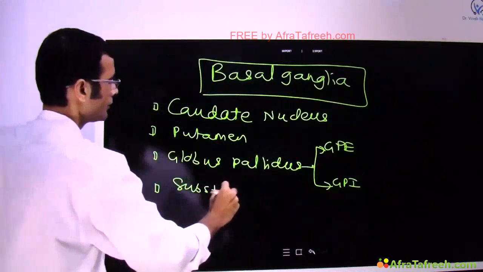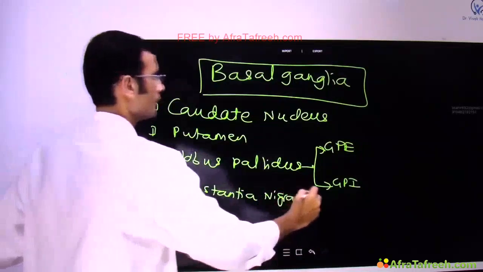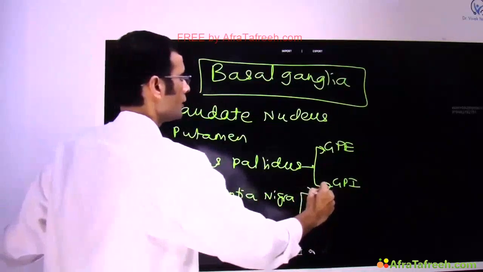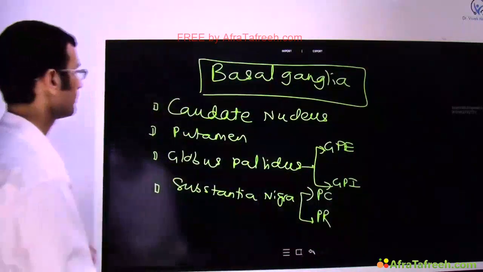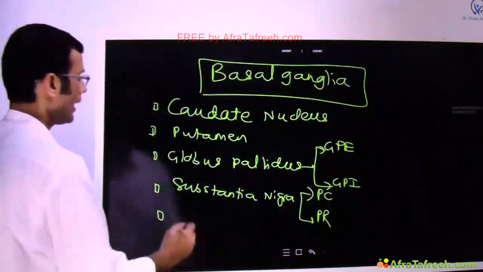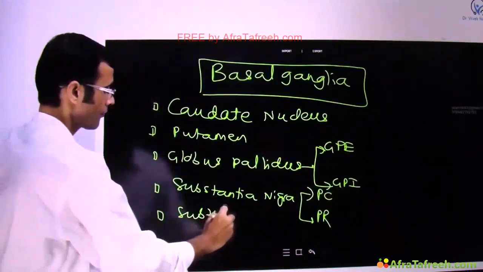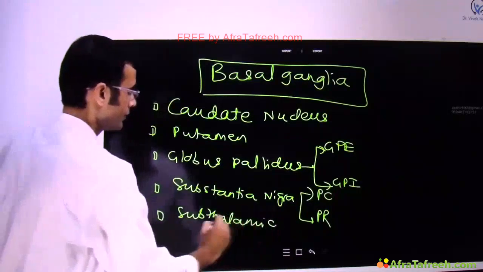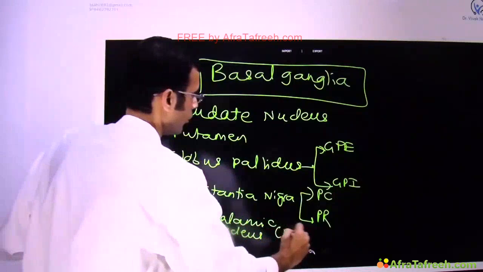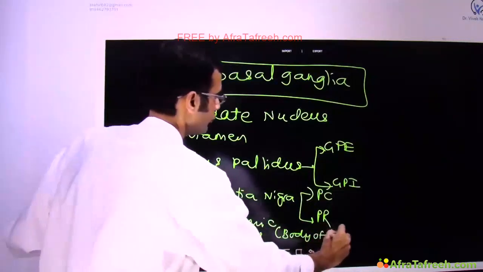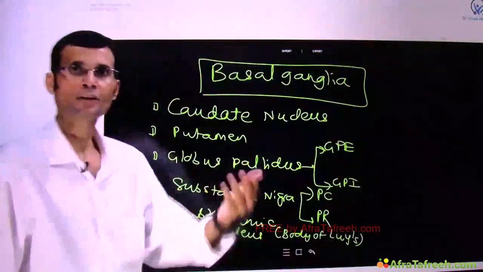Substantia nigra, this also has got 2 parts, pars compacta and pars reticulata. And subthalamic nucleus, also called as body of Luys. These 5 structures collectively called as the basal ganglia.